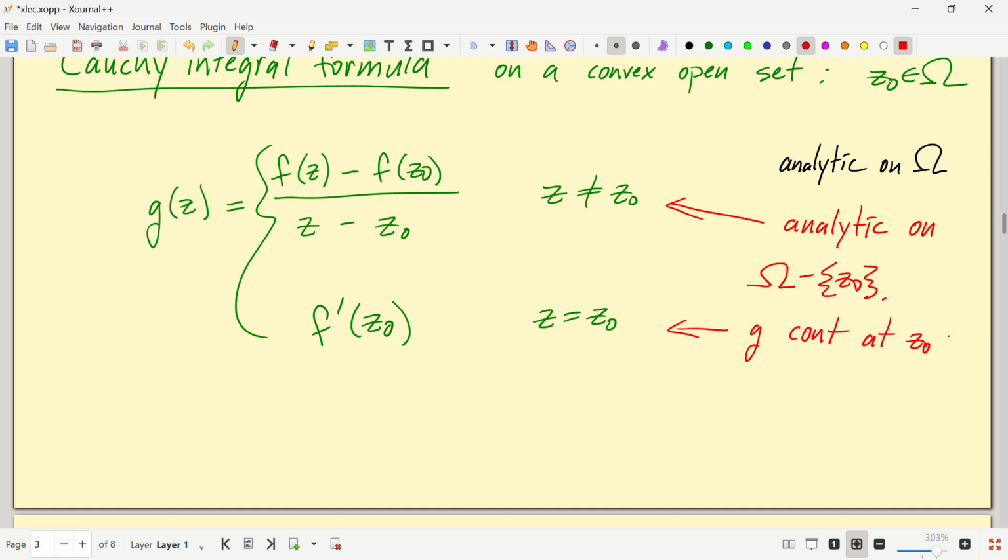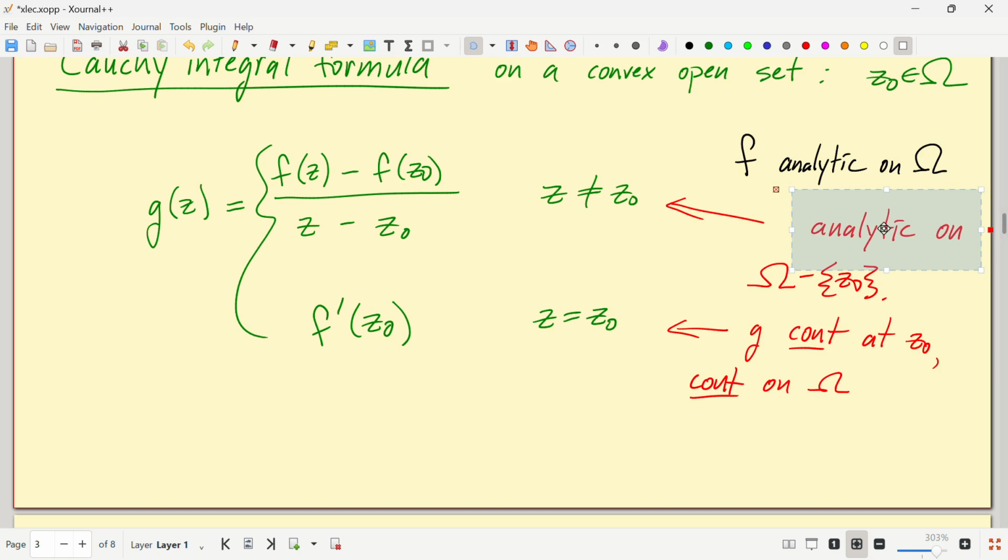So it's continuous on omega. And this g is analytic on the punctured thing, and it's continuous on the whole thing.